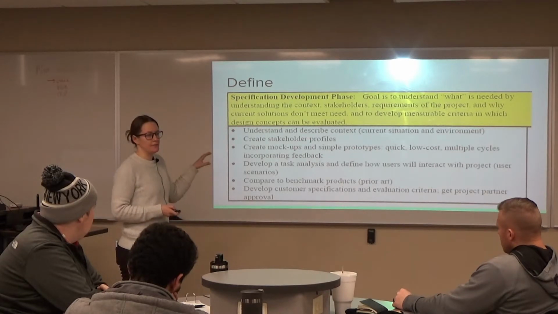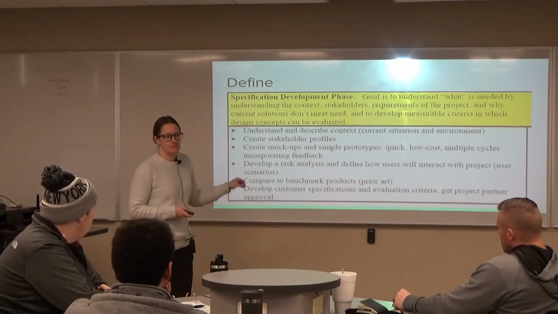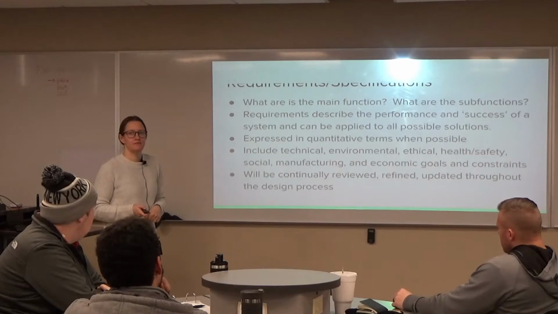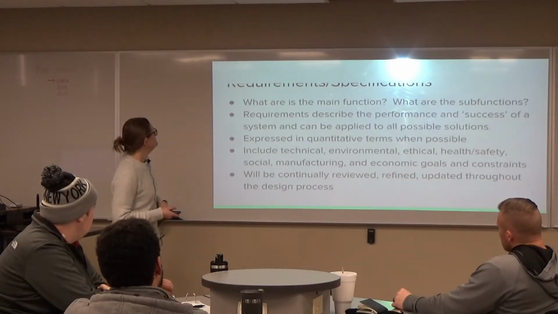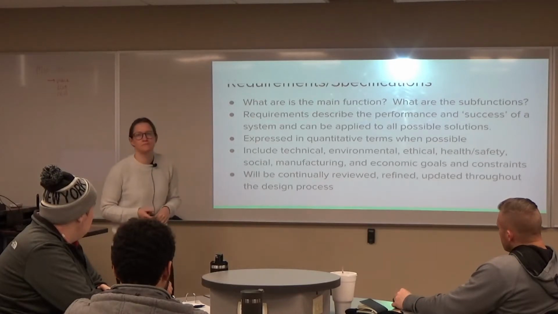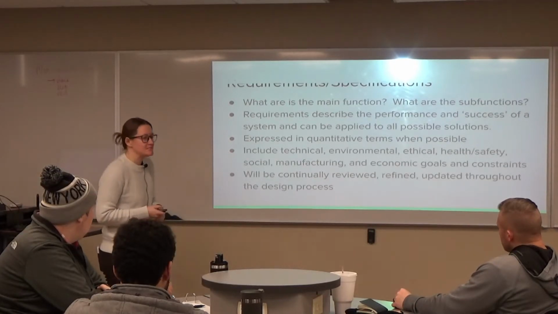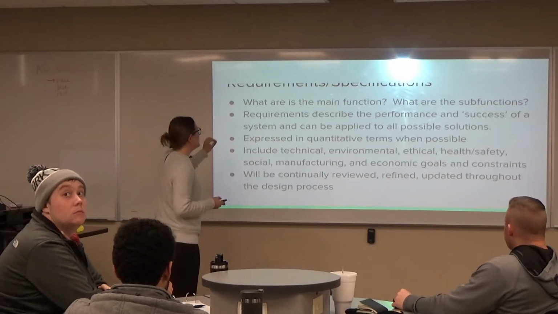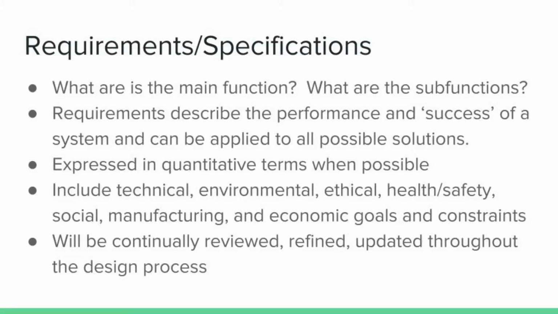This is what you will be working on Thursday, this stuff right here. So that says requirements and specifications. So on Thursday, you're going to talk about what are the main functions or sub-functions of what you're trying to do. Come up with successful criteria that can be applied to all of your possible solutions.